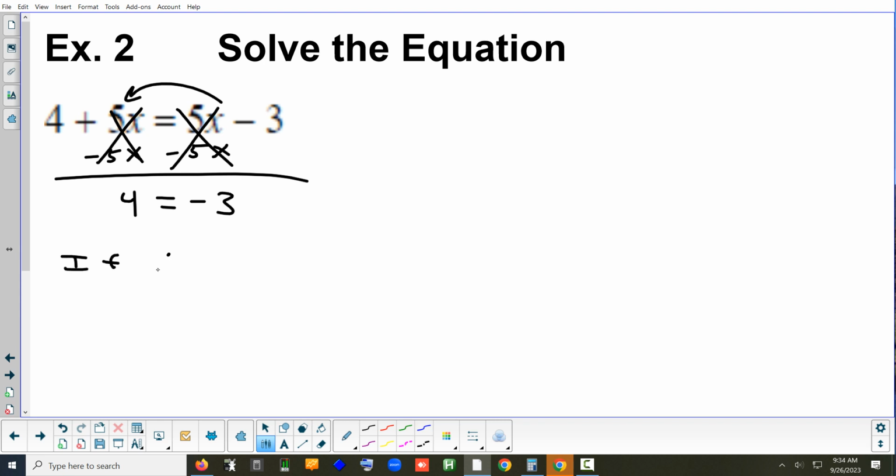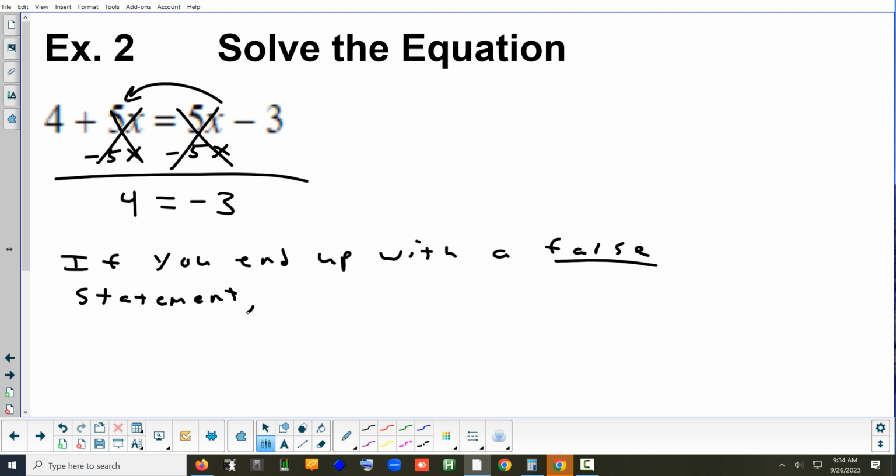So what we're going to write down is if you end up with a false statement. You don't write false. That's not the answer to the problem. The answer to the problem is no solution.